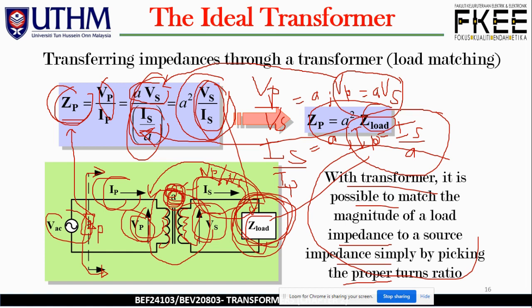Then we can say that we can simply match the magnitude of load impedance to the source by having this relationship, Zp equal to A squared Z load, by picking the proper turns ratio.